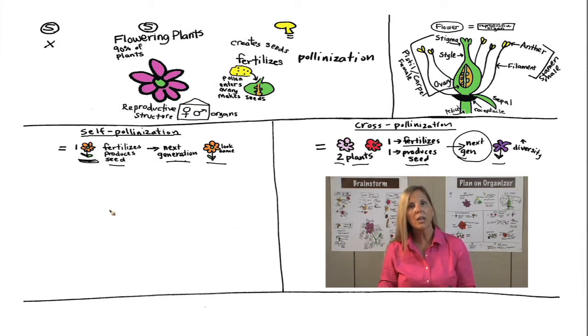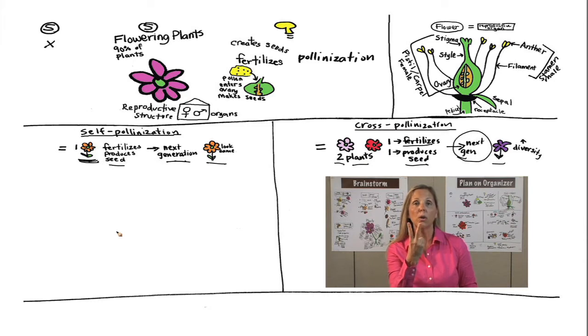Under self-pollinization, there's two types. When just one flower self-pollinates itself, or on the same plant, there could be two different flowers, but on the same plant, they pollinate each other. We know that there's two types of self-pollinization.